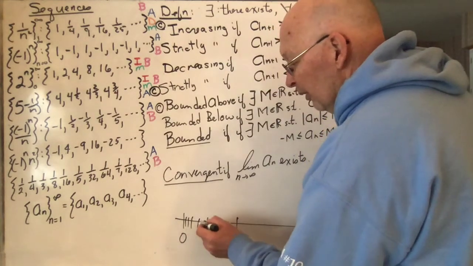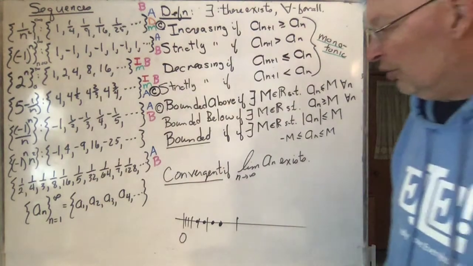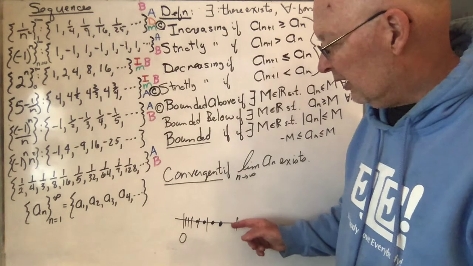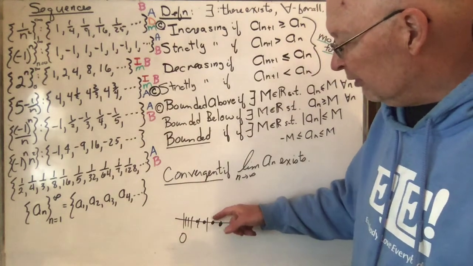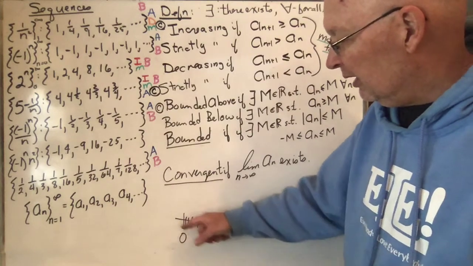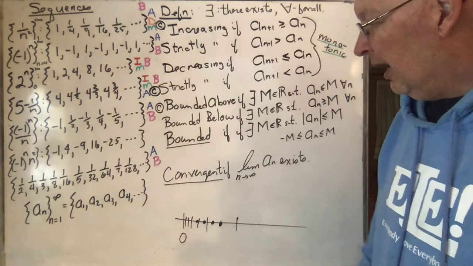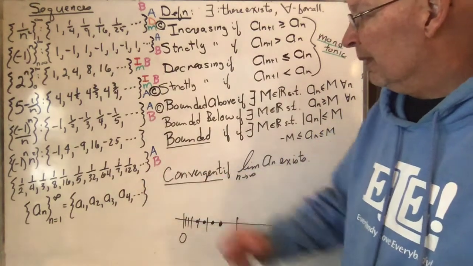And then 2 more that are really close, and then you get maybe this one right here. So do you agree that eventually all the terms are getting closer and closer to 0, right? Some of them are taking longer than others, but eventually they'll all be close to 0. And so this one here, we'd also say converges to 0. Okay?